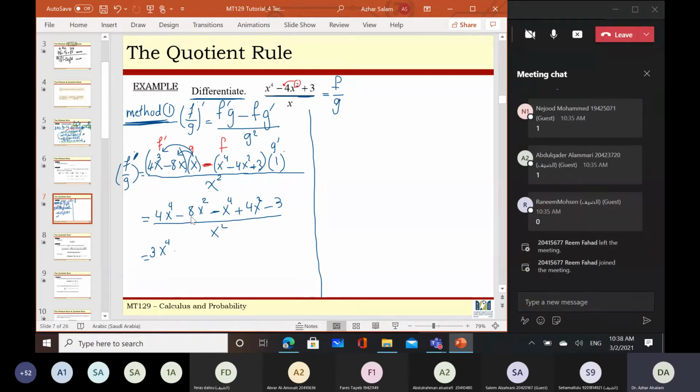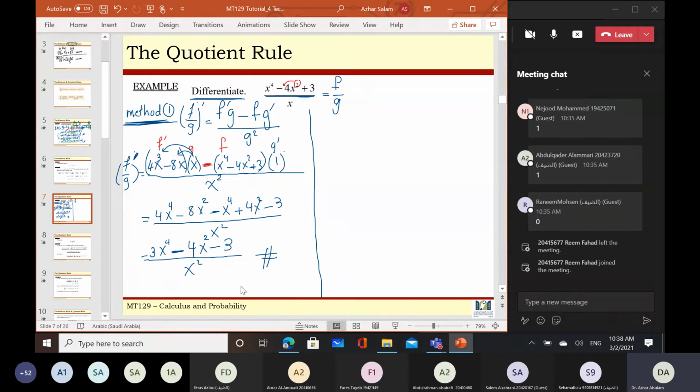So I have to add the coefficients. Minus 8 plus 4 gives me minus 4. Okay, minus 4x square, it remains minus 3. Okay, minus 3 all divided by x square. This is actually the simplest form. This is the simplest form possible for the derivative.